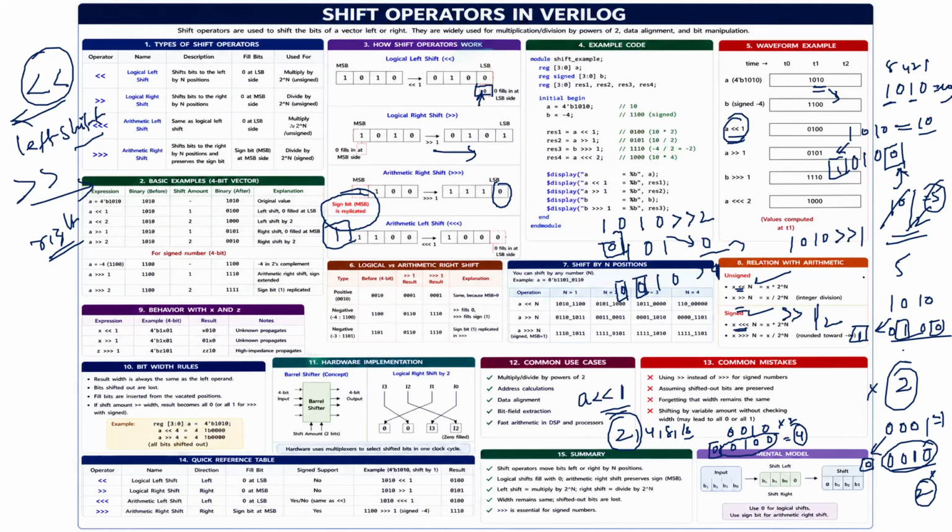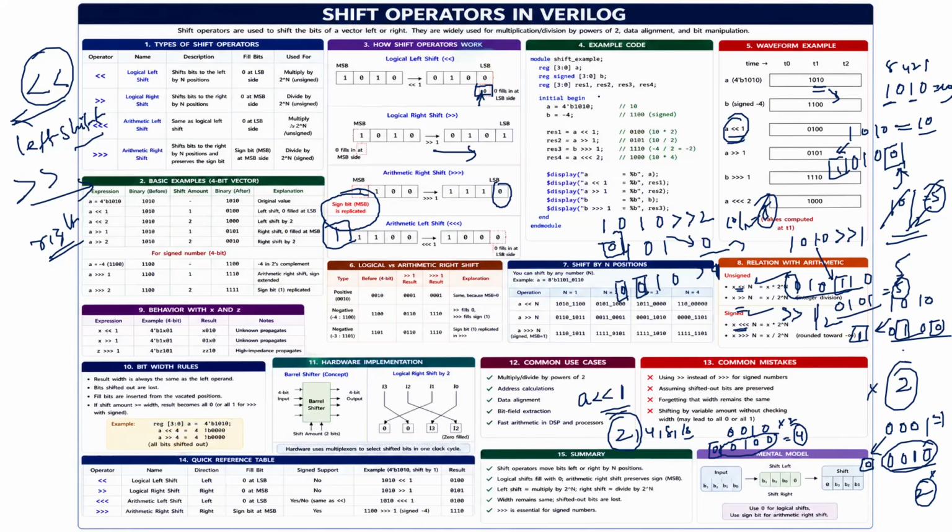Right shift by 1 means 0 is going out, then 1 is coming here, 1 is coming here, 0, 1, and you are placing 0 here. Then check this condition: 0, 1, 0, 1, that value is 5. Then 10 divided by 2 is 5. So if you do an arithmetic right shift, it is divisible by 2. If you do an arithmetic left shift, the result will be multiplied by 2. Okay, remember that.